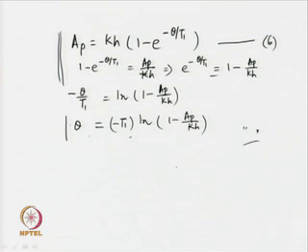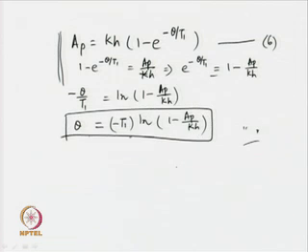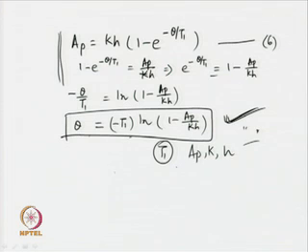So, this simple expression can be used for estimating theta. How can you estimate? If I know T 1, then it is possible to make use of this expression using A p, k and h to estimate theta.